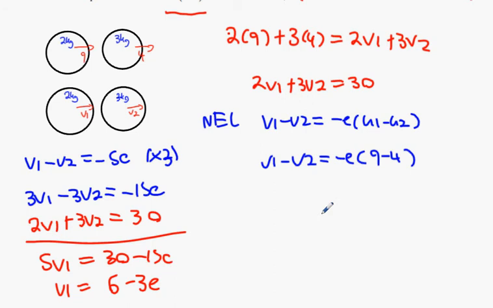Okay, V2. I could do that by substitution this time because it's fairly easy. There's no fractions, so I'm going to do V1 equals V2 minus 5E. So that means it's 6 minus 3E. Oh, sorry, is it plus or minus 5E? Appears I made a mistake on this one back in the day.